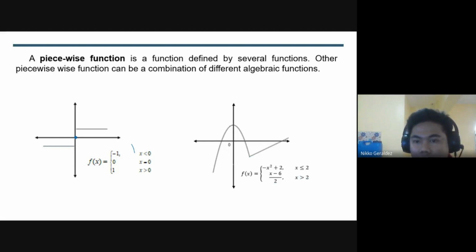So ito naman yung straight line. So for a piecewise function, binibigay na si domain. Binibigay na yung value ng x, so hindi mo na kailangan hanapin pa. So that is a piecewise function.